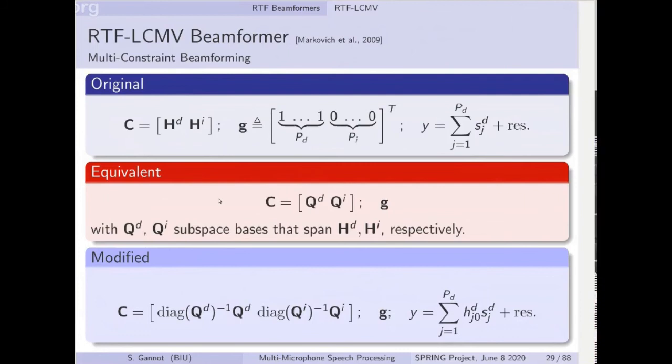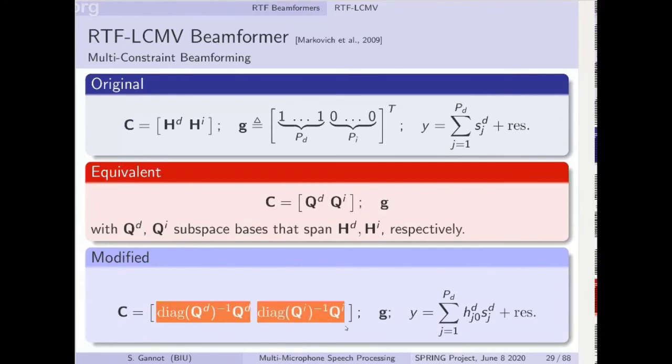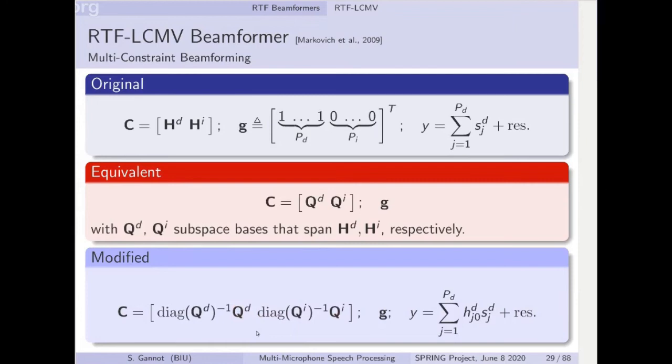For this, we can apply the same idea of normalization by the reference microphone, which is given in the modified block with this normalization by the diagonal element. In that case, we have a summation of the sources as received by the reference microphone.